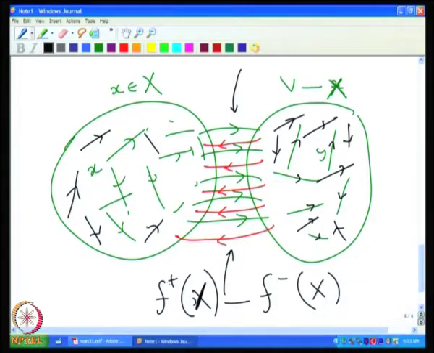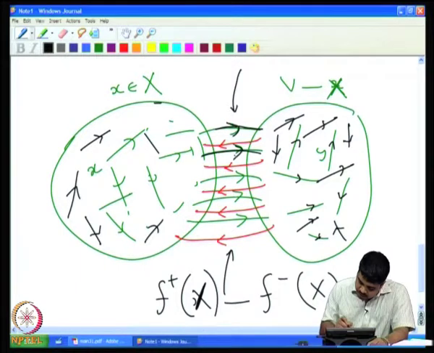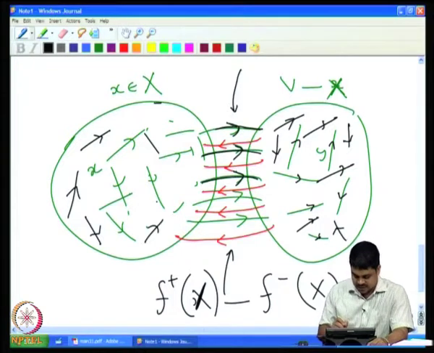What do I mean by f plus of x? If this is the set x, the edges which are directed such that they go out of x, this collection of edges is called f plus of x.